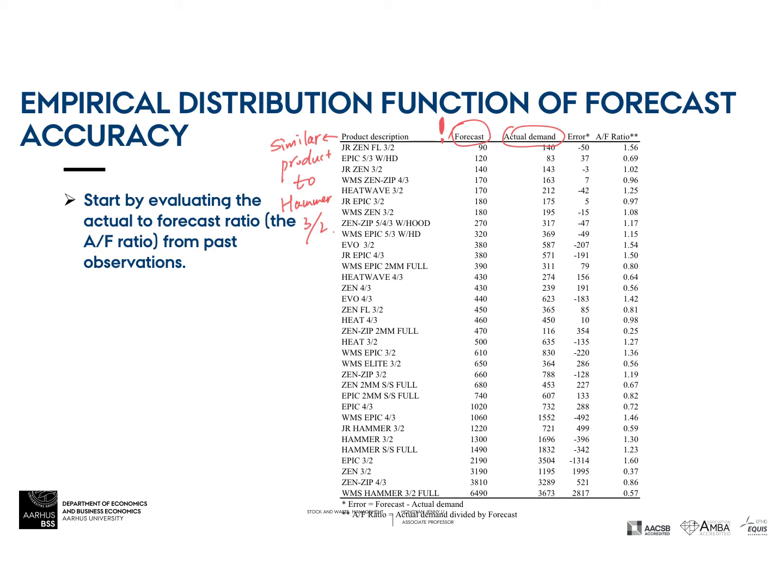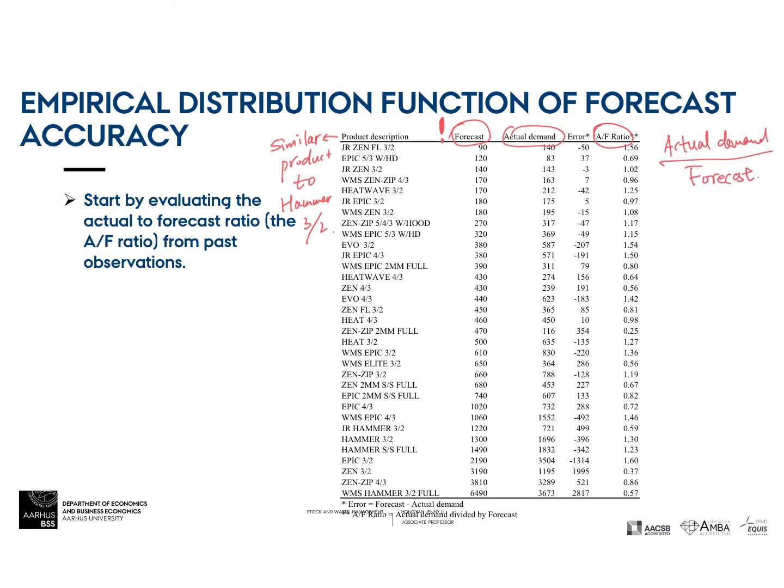For example, you have multiple similar items, and you work on the AF ratio, the ratio between actual demand and the forecast.